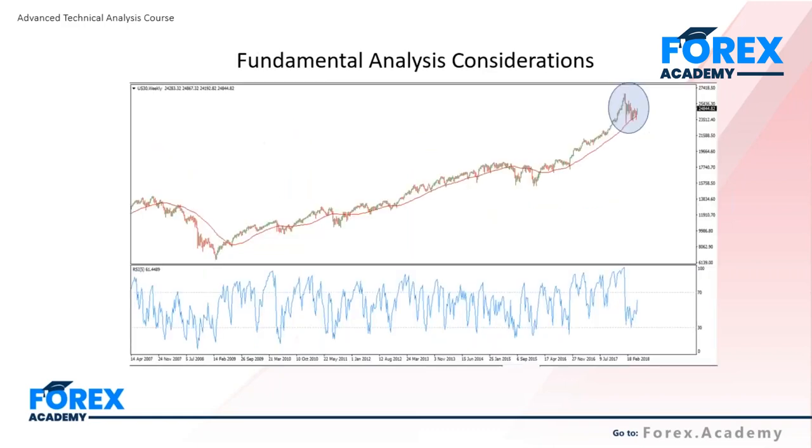So if we come back to the same chart that we looked at earlier, we're asking ourselves, what is the underlying trend? We came to the conclusion that the trend is up. We've highlighted a certain area in the chart. This is obviously current conditions. We saw earlier that the market had pulled back to the moving average. Does that pullback represent a buying opportunity?